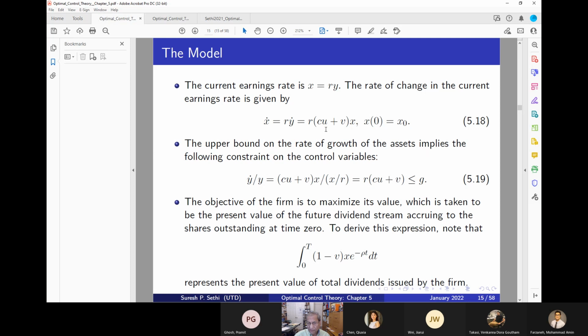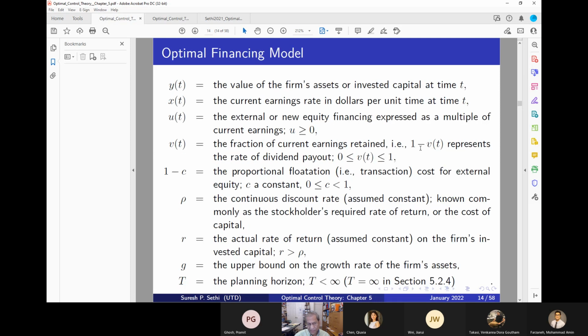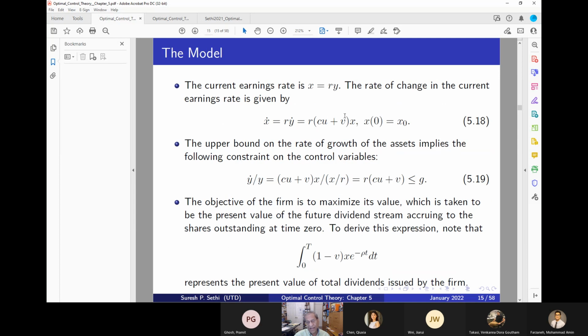Remember, this is the amount I'm getting from selling external equity per dollar, and this is the amount I'm getting from retained earnings. 1 minus V is the dividend; the retained earning is what I retain, which is V. But these U and V are expressed as a multiple of current earnings, which is X. So X dot is R times Y dot, which is R times these times X. And I begin with X0. So that's my state variable.